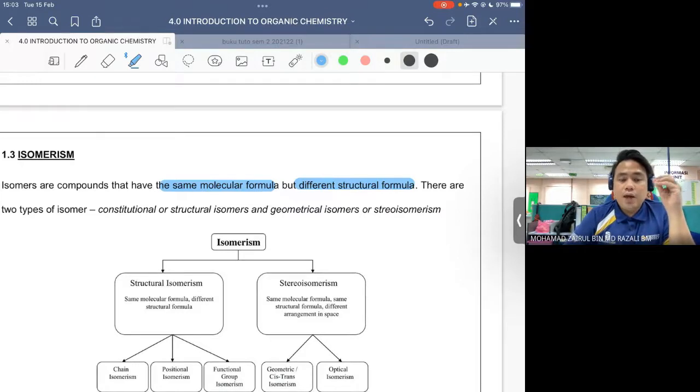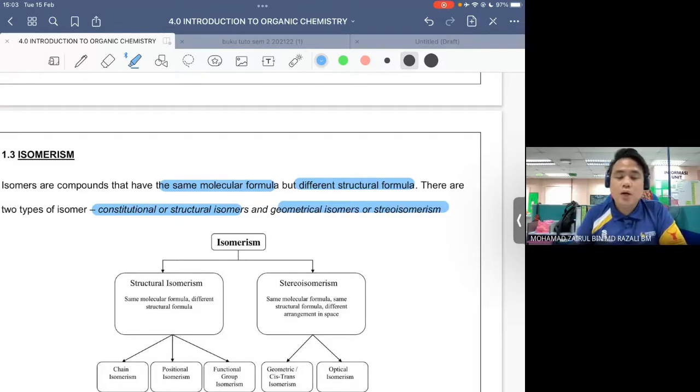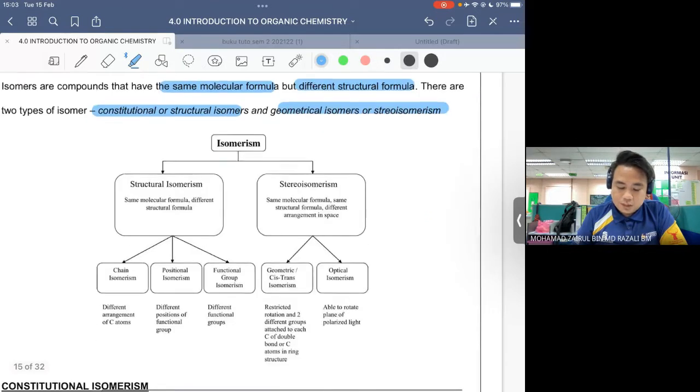Okay, so we have 2 different types of isomer. We have constitutional or structural isomers, and we have geometrical or stereoisomer. Okay, so for today's session, we are only going to cover structural isomer. So kita hanya akan cover structural isomer.